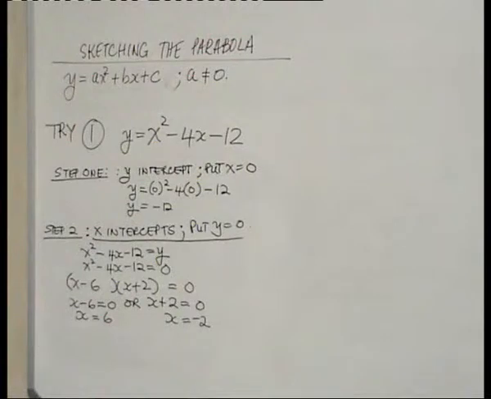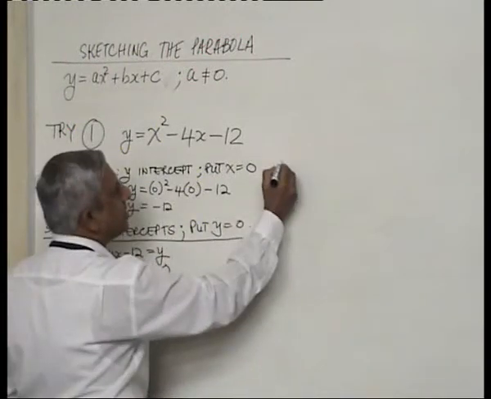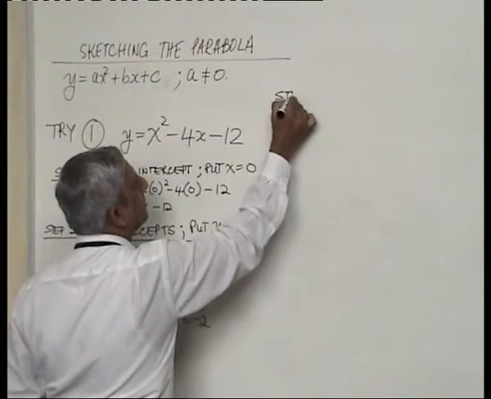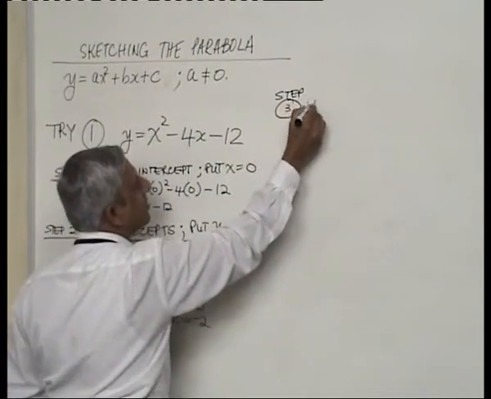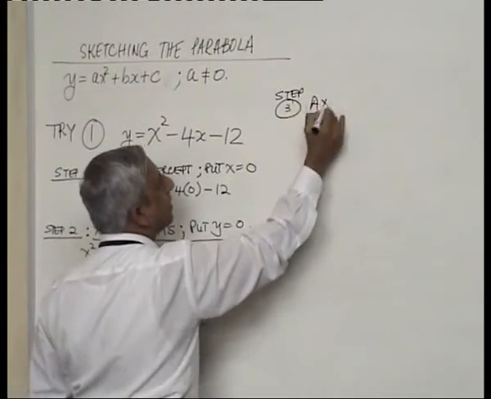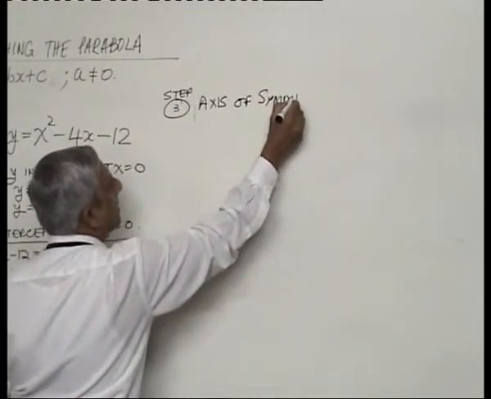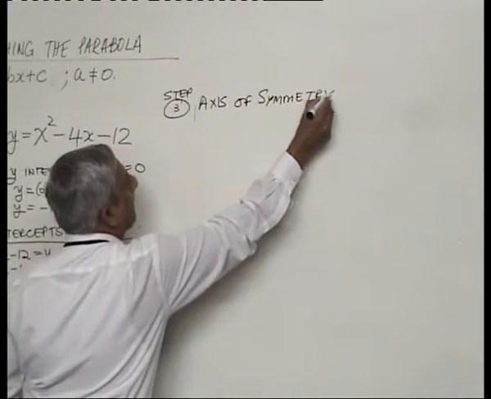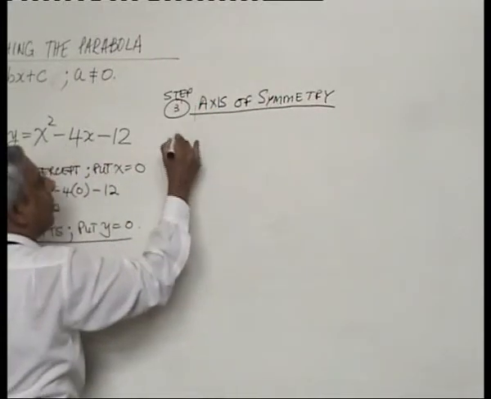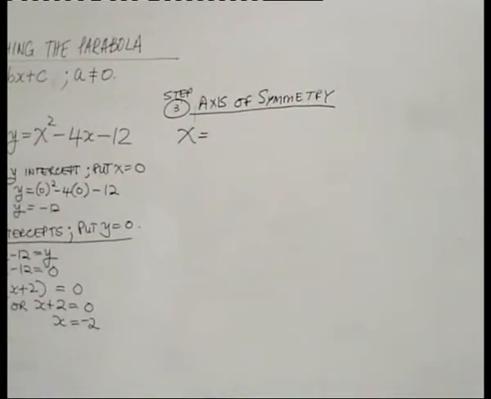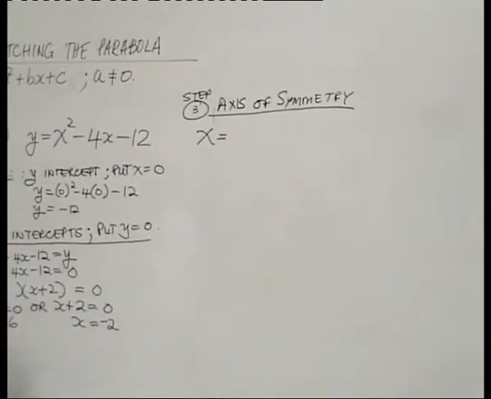Right, we'll move on to step 3. Now, step 3, we want to find the axis of symmetry. Your formula is x is equal to, well, before we use the formula, we need to identify a, b, and c.